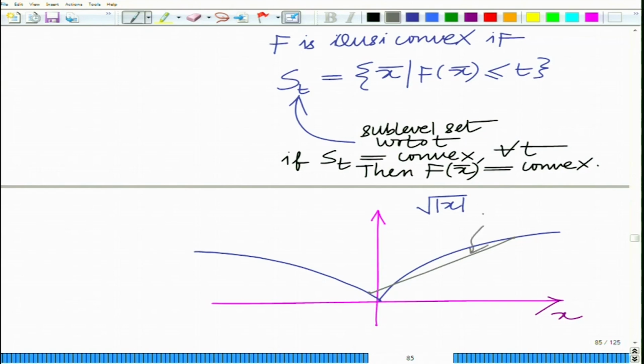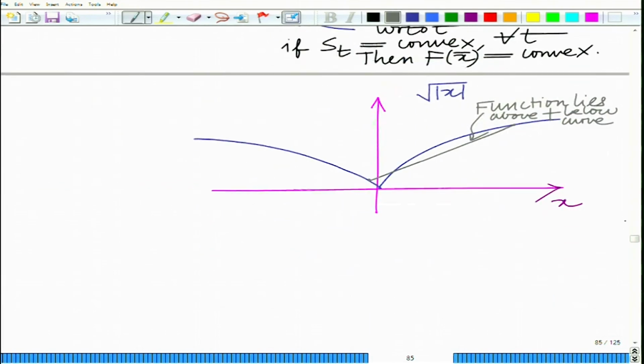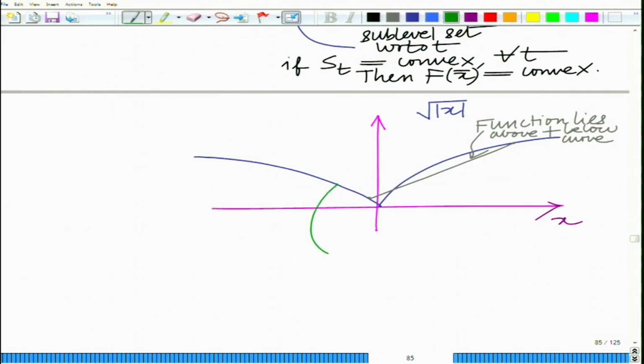You can say the function straddles the chord, or the function lies both above plus below the curve. And remember we said if the chord lies below it is concave, if the chord lies above the function then it is convex. So, this is neither convex nor concave.